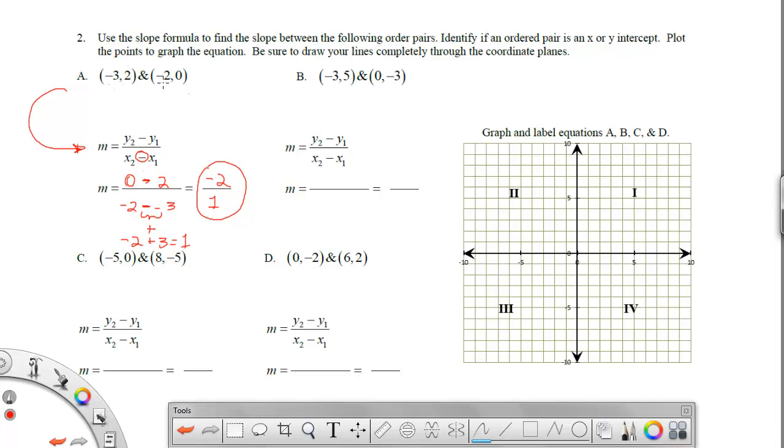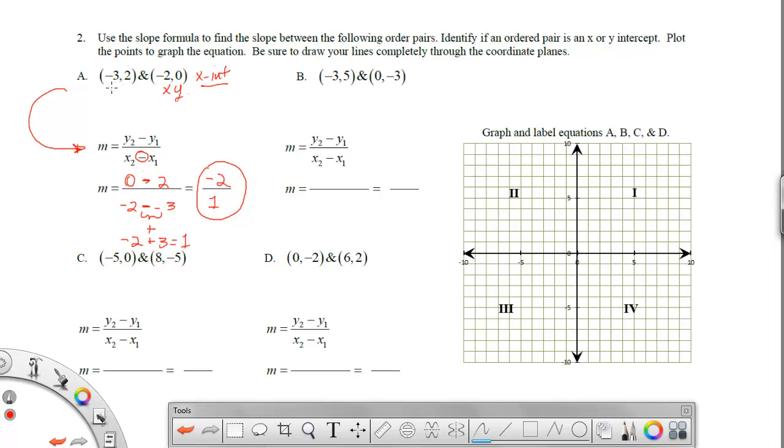Well, is x 0 here? No, it's not. If I want to find the x-intercept, I let y equal 0. So if I go x and y, well, y is 0 here, so that has to be the x-intercept. So I'm going to write x-intercept right here. And that's fine. So now I've done that part of the problem.